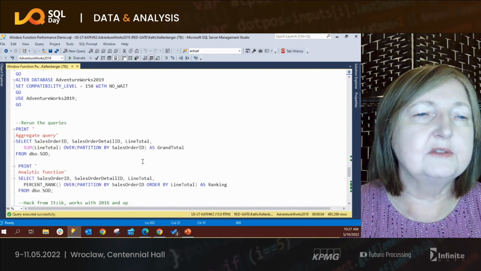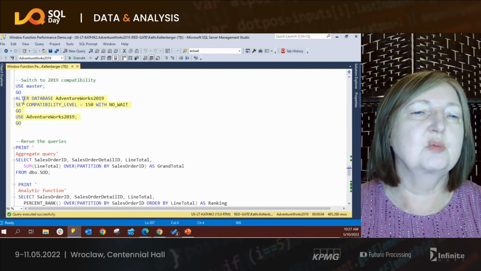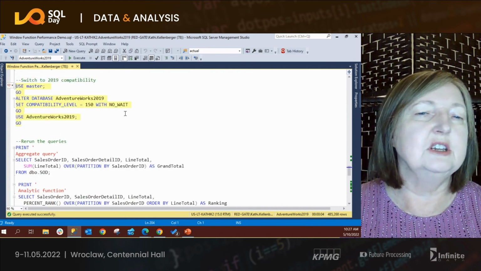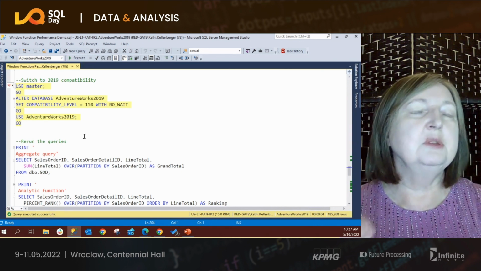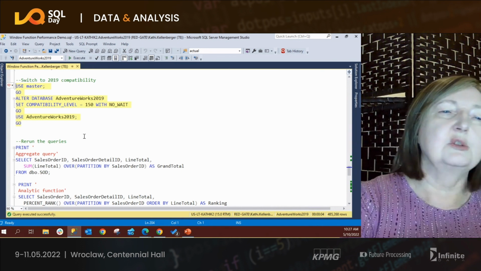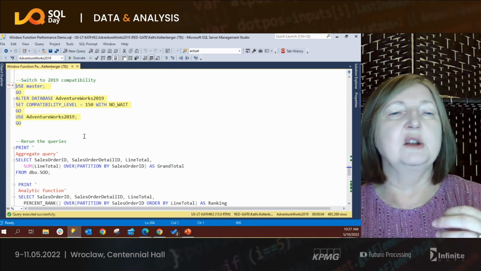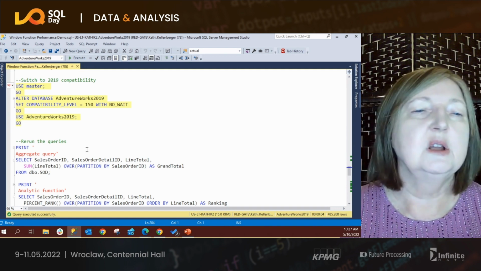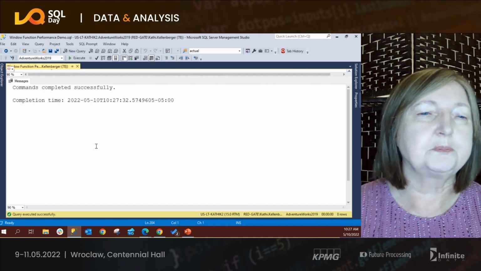Okay, so all I have to do here is switch to 2019 compatibility mode. I'm using SQL Server 2019, but I've had the database in 2017 mode up until now.